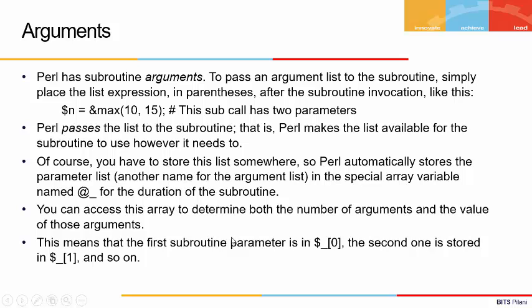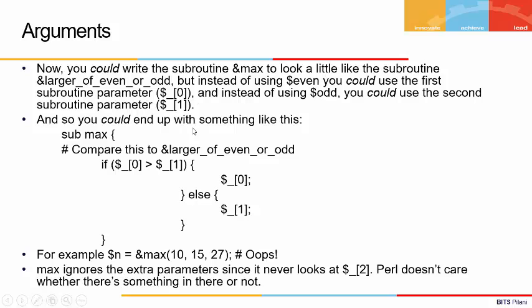This means the first subroutine parameter is stored in $_[0], the second is stored in $_[1], and so on, depending on how many variables you have. We'll see this with an example. Now you could write a subroutine here, calling it the larger of even or odd, but instead of using $even, you could use the first parameter with $_[0] and after that $_[1].